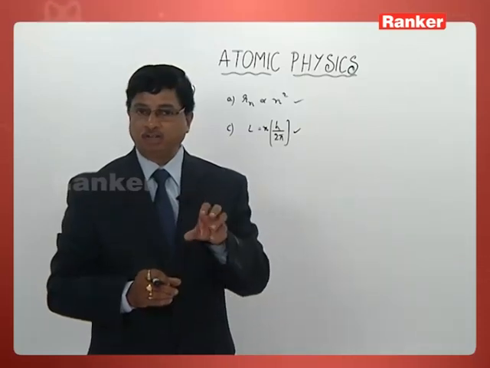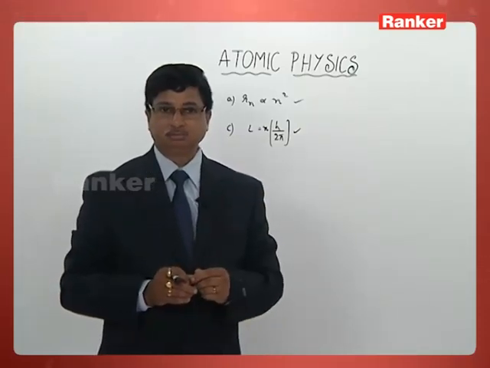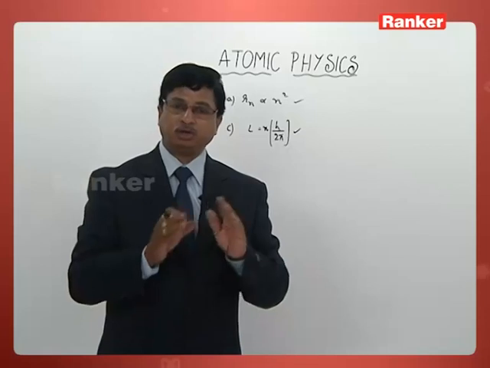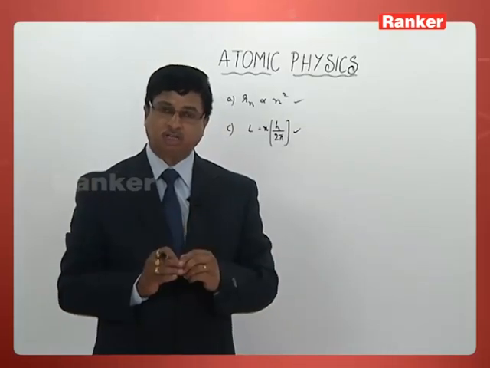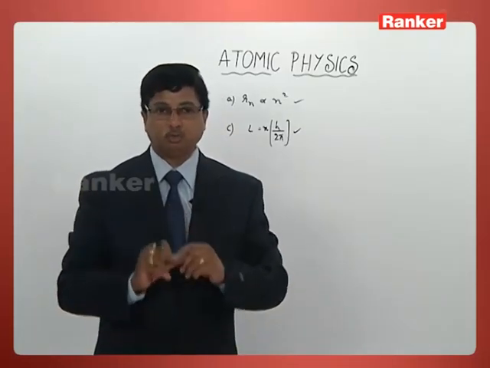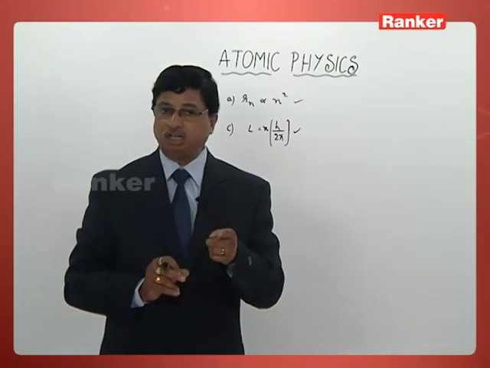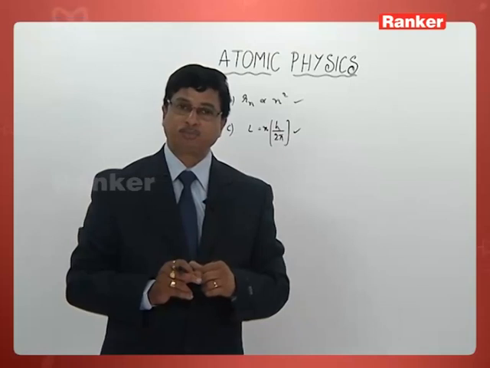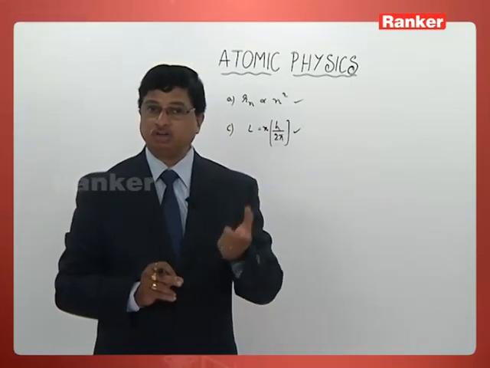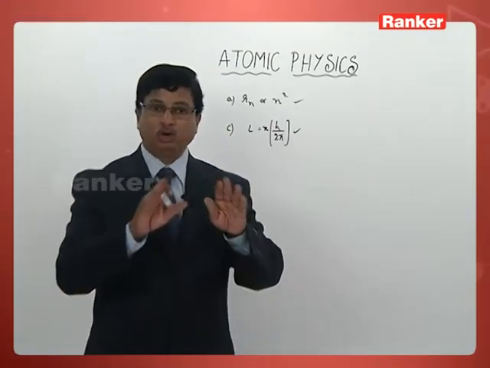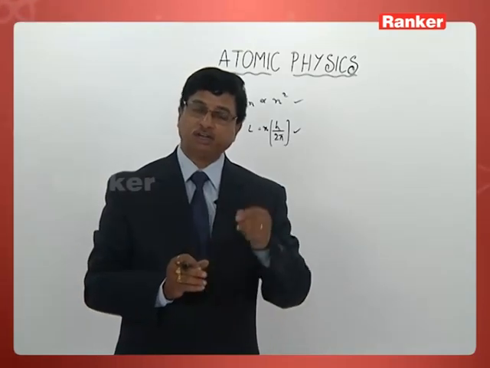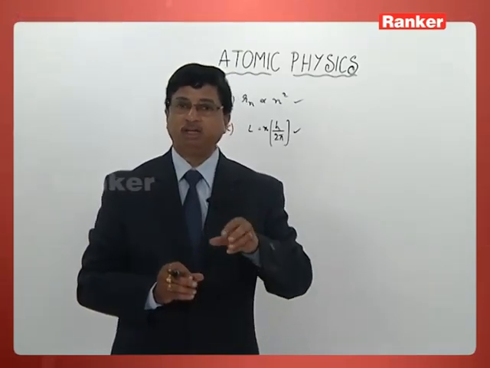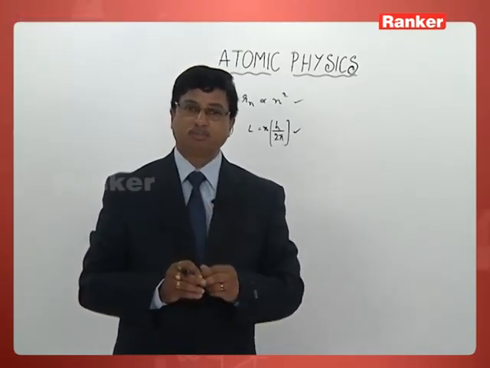So potential energy as a whole will be negative, and when you take the kinetic energy and potential energy ratio directly, it's 1:2. So potential energy is twice the kinetic energy but with a negative value. Since potential energy is dominating there, the total energy of the electron inside that orbit also will be negative by nature.